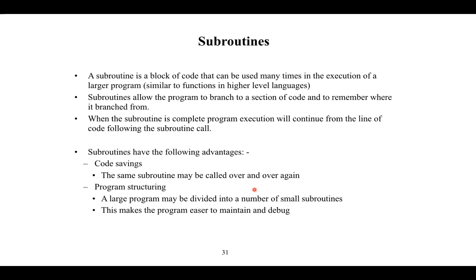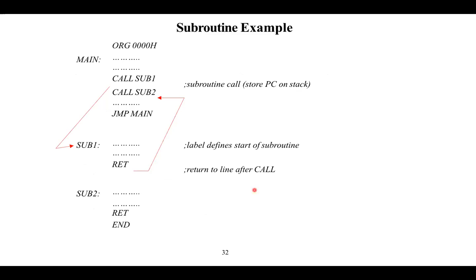When the subroutine is complete, program execution continues from the line of code following the subroutine call. Subroutines have the following advantages. Code savings: the same subroutine may be called over and over again. Program structuring: a larger program may be divided into a number of small subroutines, which makes the program easier to maintain and debug.